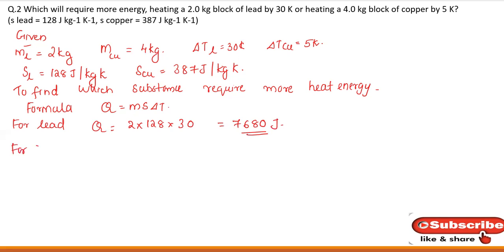And for copper, Q is equal to mass of copper, which is 4, into specific heat 387, into temperature change 5. 5 4s are 20. 20 into 387 is 7,740 joules.